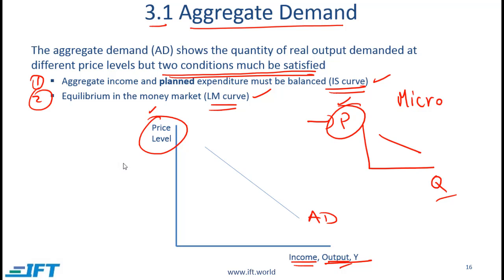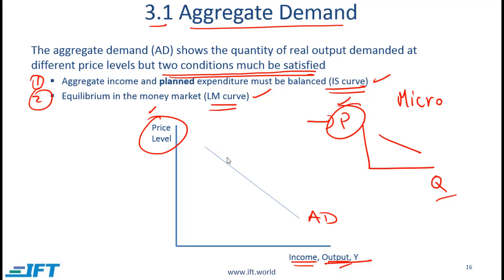Whereas here in macroeconomics, we are talking about an overall economy, so the price level will be some price that is an indicator of overall prices in that economy. This might be the GDP deflator that we talked about earlier, or it might be a CPI. But generally, we use the GDP deflator as a price level.